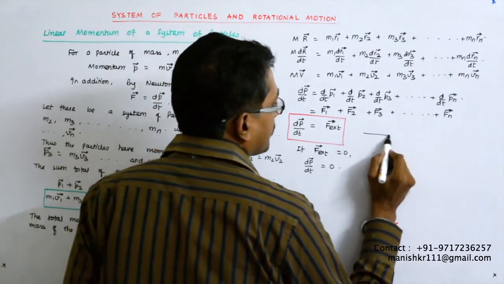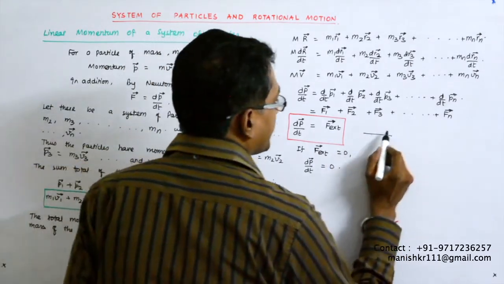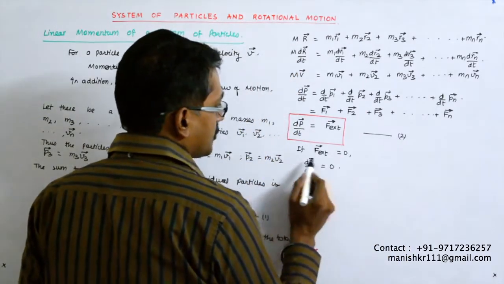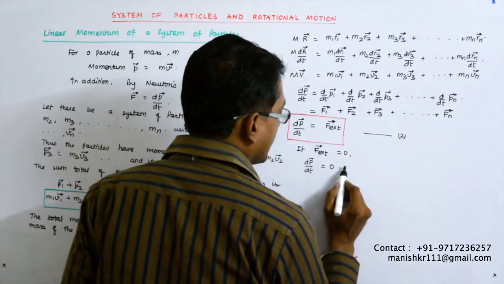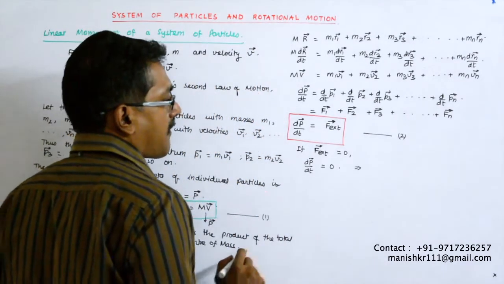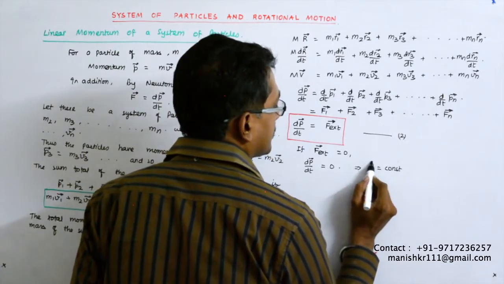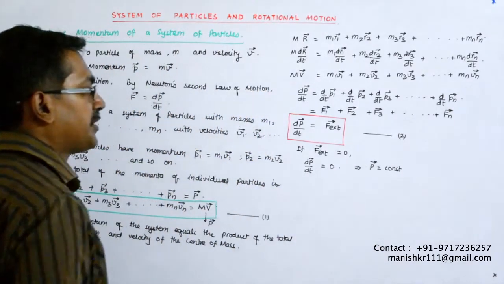Okay. Let me name this equation 1 and this equation 2. So dP upon dt is equal to 0. It implies that P is equal to constant. P is constant.